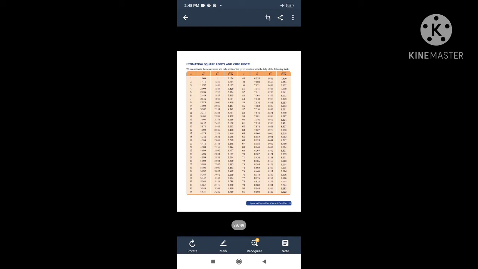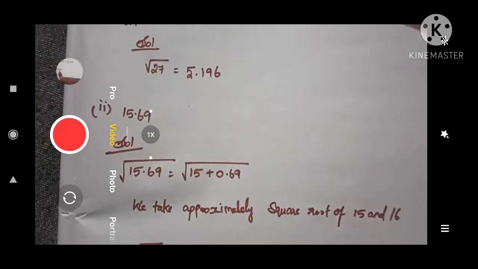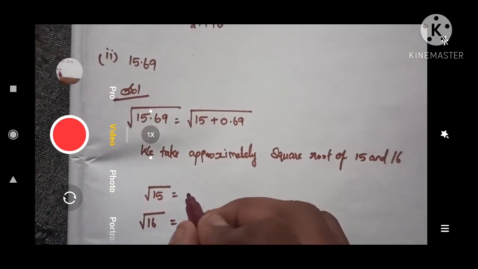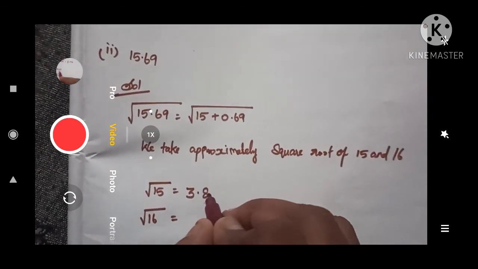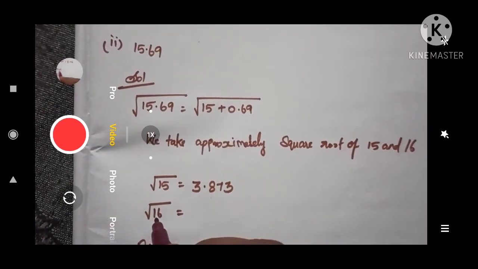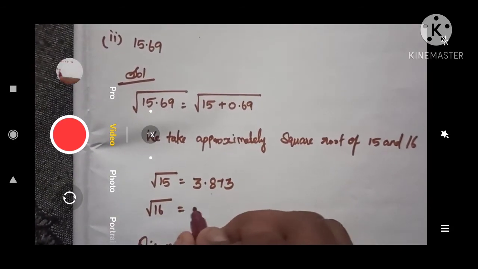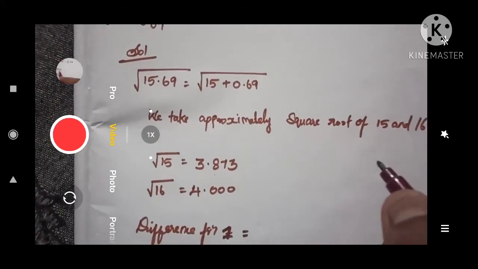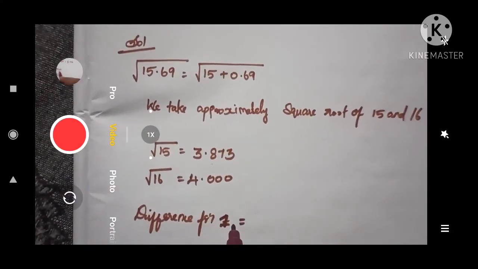So with 3 decimal places we take 3.873 and 4.000. So the value of root 15 is 3.873, and the value of root 16 is 4.000.